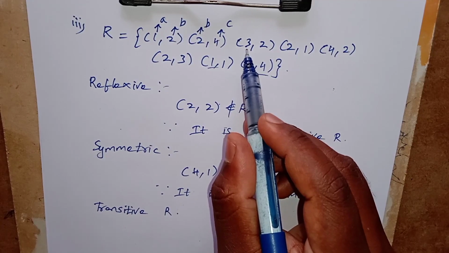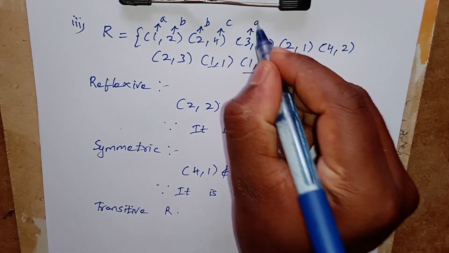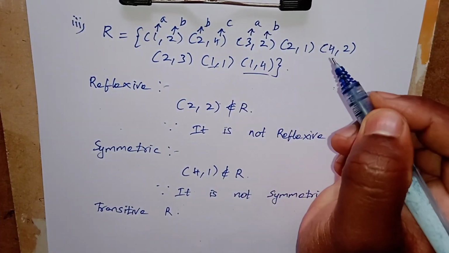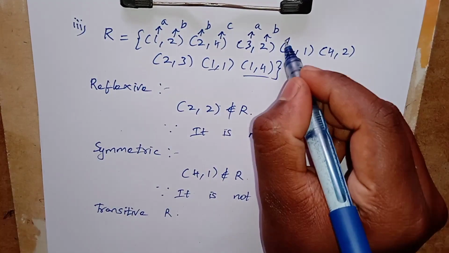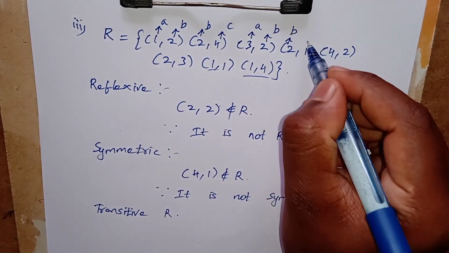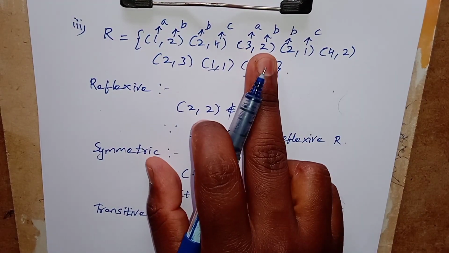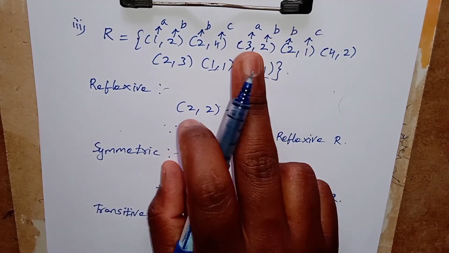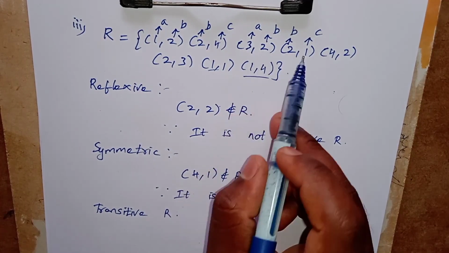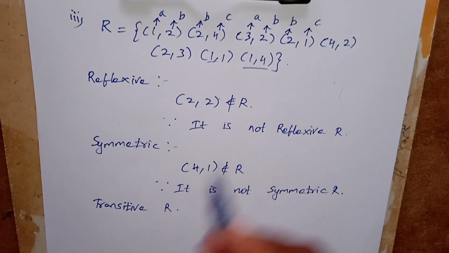here it is A. Here it is B. Here it is C. Therefore, A, B, B, C. Therefore, A, C. 3, 1 is not present. Okay.